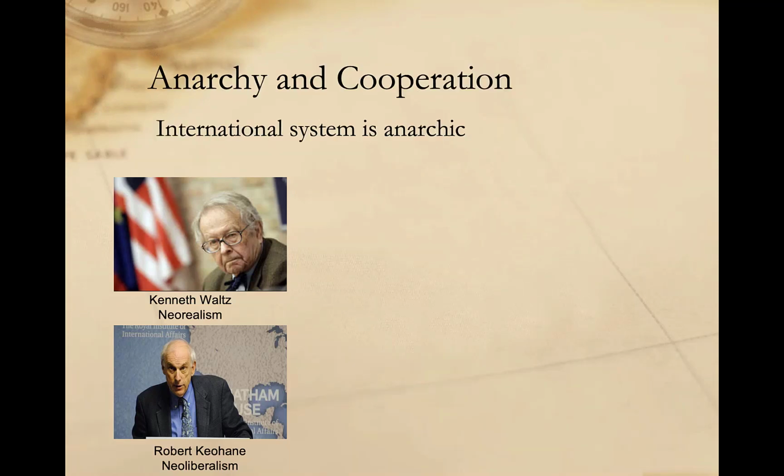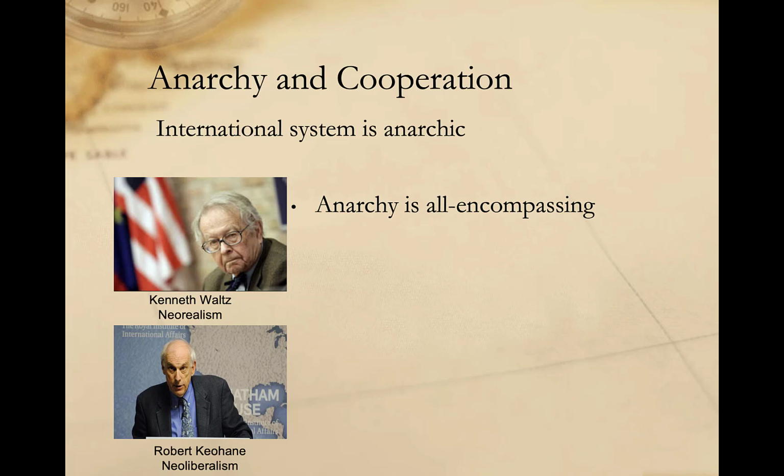While both neoliberalism and neorealism accept the assertion that the international system is defined by a condition of anarchy, they disagree dramatically about the nature of anarchy and its implications for global politics. Neorealists tend to view anarchy as the all-encompassing, unchanging condition of the international system.